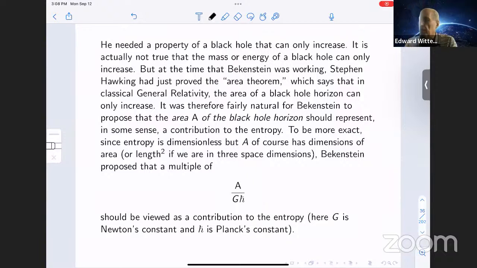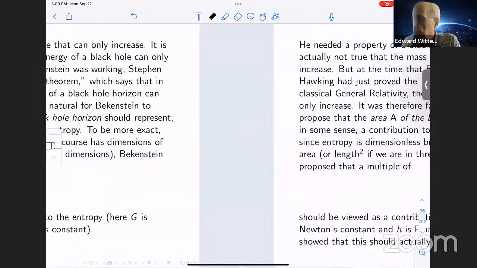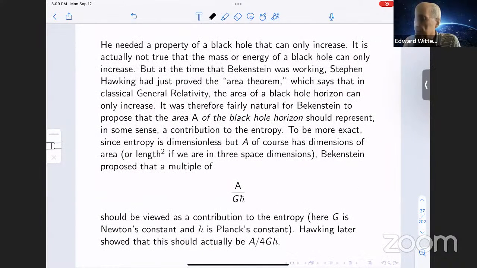To be more exact, entropy is dimensionless, but area has dimensions of length squared in 3 space dimensions. So Bekenstein needed a constant with dimensions of area, and in units where the speed of light is 1, he proposed that a multiple of the area over Newton's constant times Planck's constant is a contribution to the entropy. Usually I set Planck's constant to 1, but here I've included it because the fact that h bar appears in the denominator in Bekenstein's formula helps explain why black hole entropy is so big in ordinary terms.